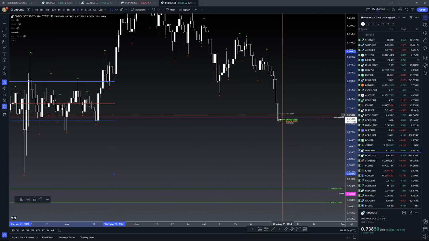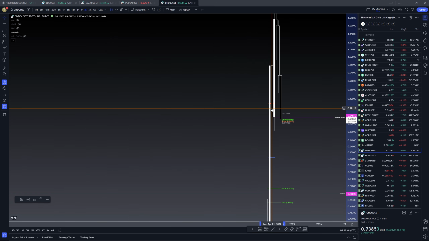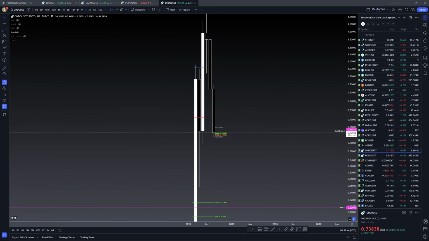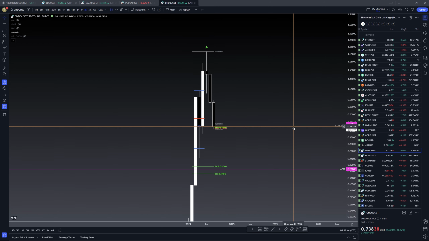Maybe it'll make its way back up here. I'll then have some nice. No, it's clearly lost that monthly now. It's a clear monthly loss. I'm gonna remove the monthly. Confluence is there. I'm not gonna even.